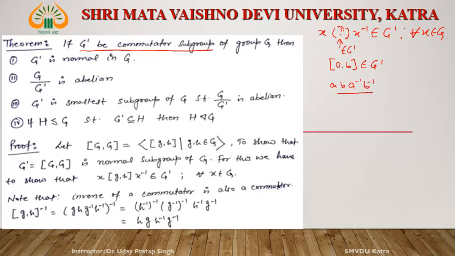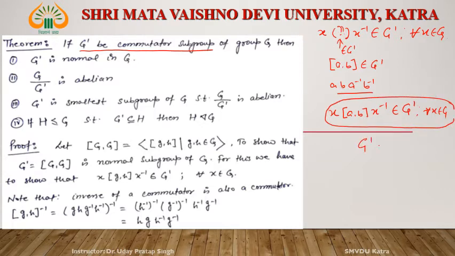Then we have to show that x [a, b] x inverse belongs to G prime for all x in G. If we can prove this, then G prime is a normal subgroup of G.